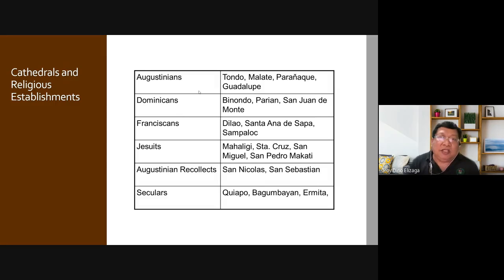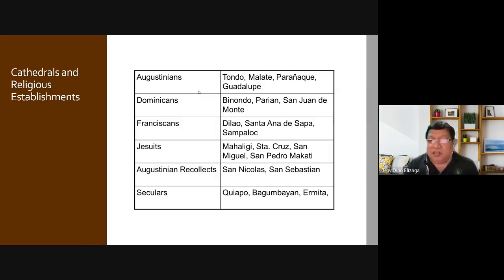So you have the Augustinians, Dominicans, Franciscans, Jesuits, Augustinian Recollects, and then of course the secular, which is not a religious order. The other column you see here are the churches that they built. Some may be familiar to you, like Tondo or the what?